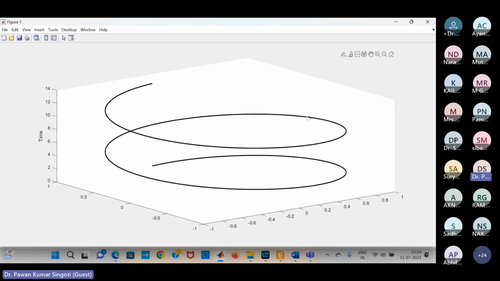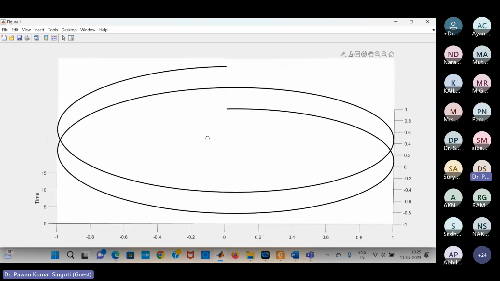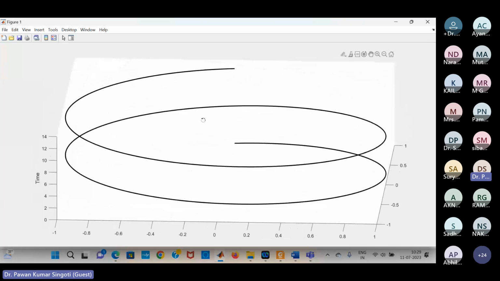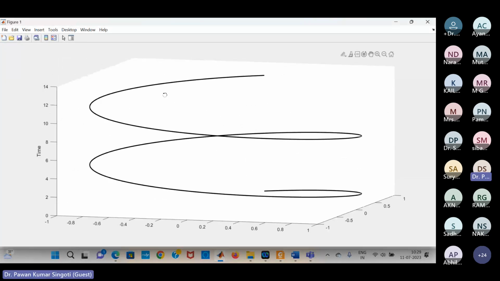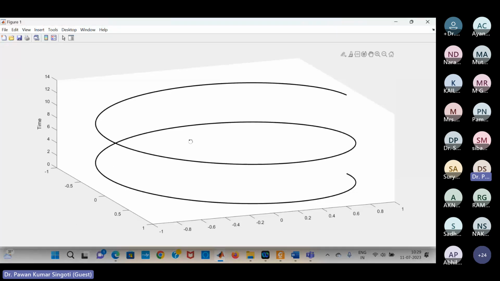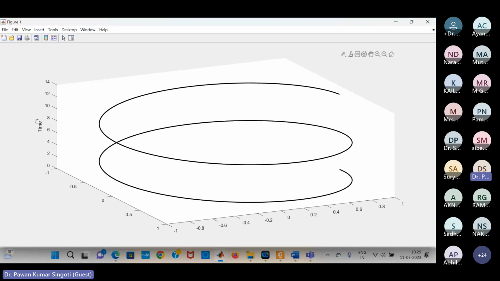As I showed you in the previous slide, you can rotate this according to your need. Only for one axis is the label assigned, so it shows time here. You can assign labels for the x-axis and y-axis also.